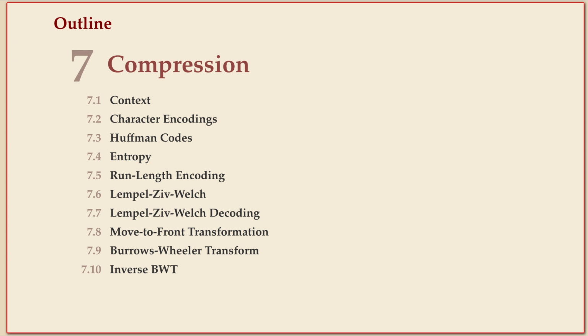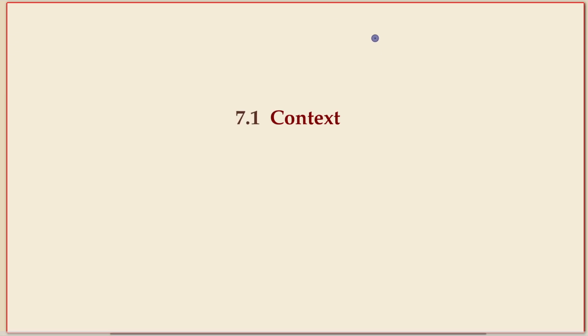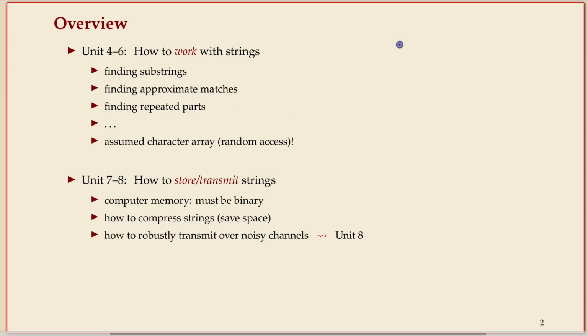All right, let's start with a bit of context. Some of this I said already. We're still talking about strings. The last couple of units were mostly about how to compute, and we focused a lot on finding patterns in a long text in various ways, right? What we assumed in all of these units was that our strings are like arrays of characters.